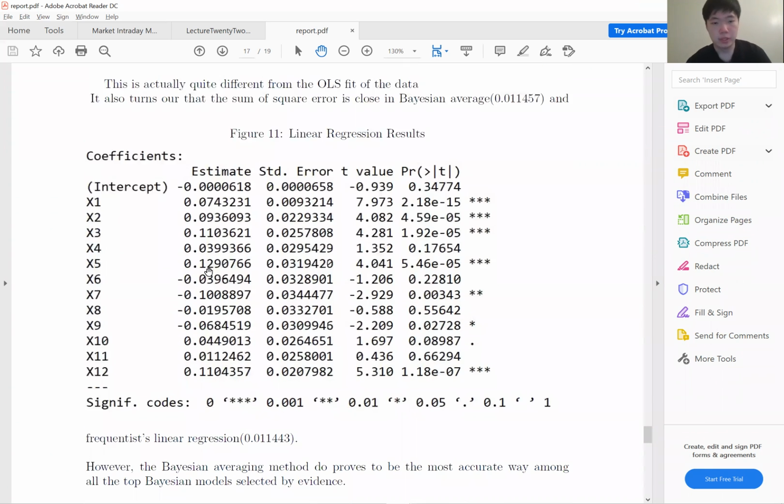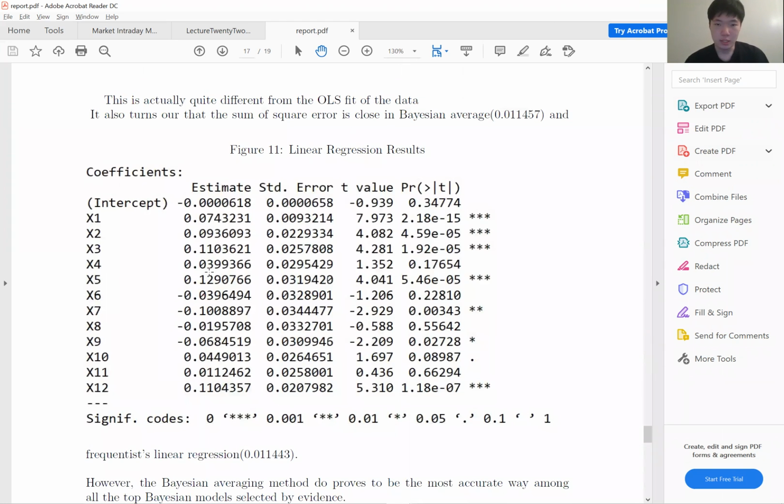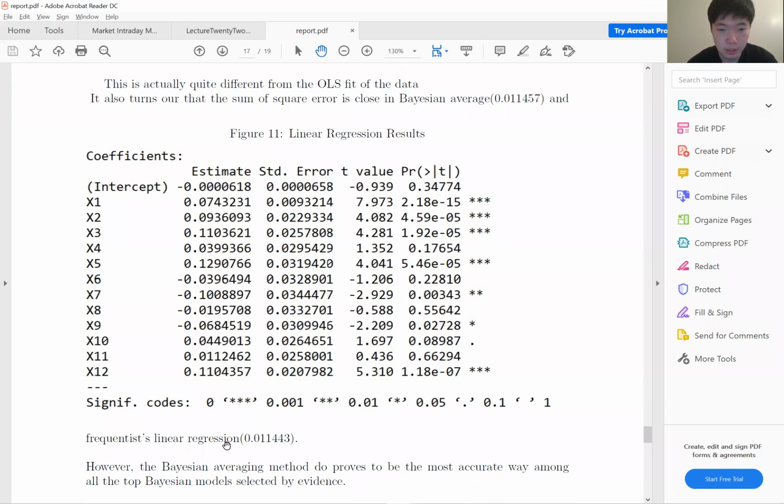And I'm assessing the performance on the testing set by the sum of square error. It turns out that the sum of square error in the Bayesian average, which is 0.0114, is slightly bigger than that of the linear regression case.